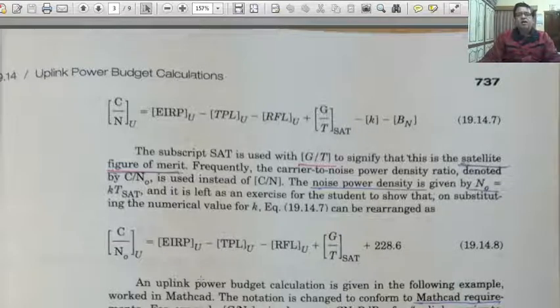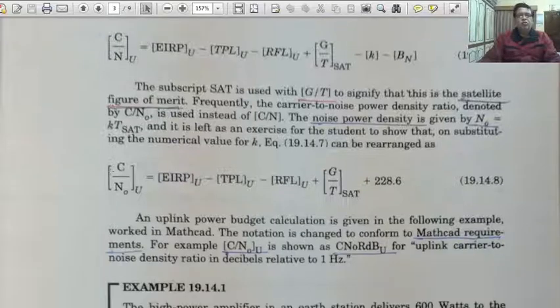Here the subscript SAT is used with G by T to signify that this is the satellite figure of merit.